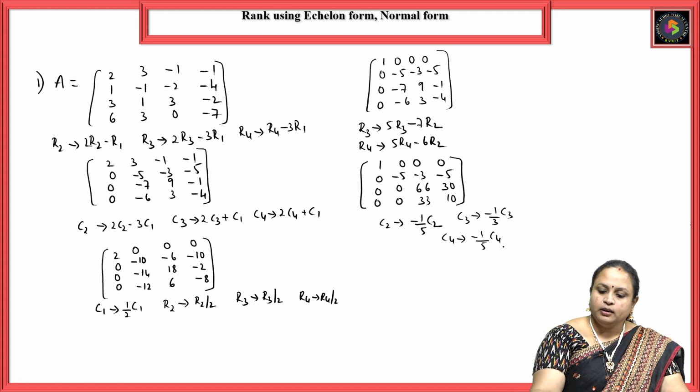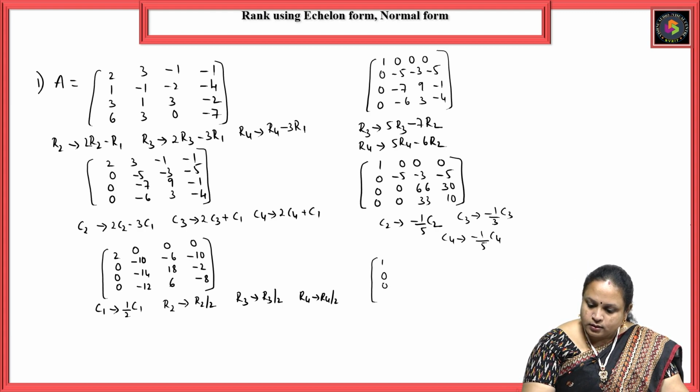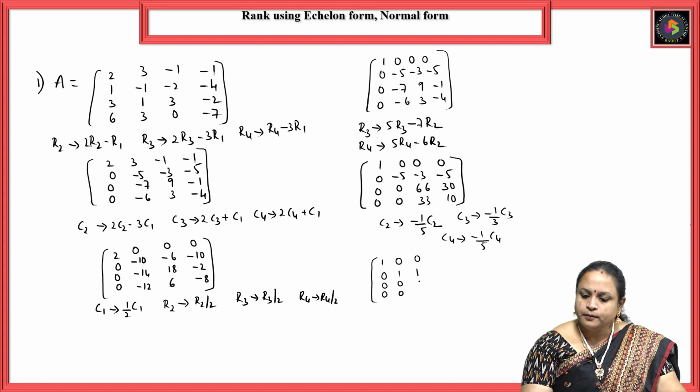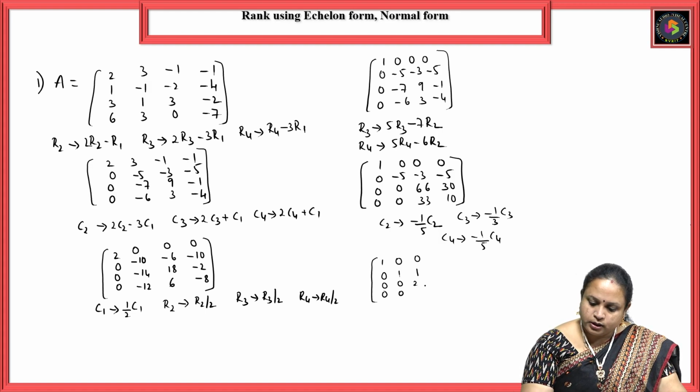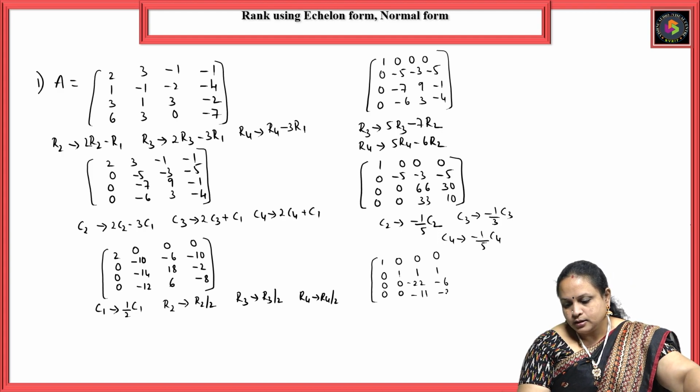So that there are common elements, so let us divide so that the matrix will become simpler. So it is 1 0 0 0, 0 1 0 0, 0 1, yeah, 22, minus 22 and minus 11. Then it is 0 1, minus 6 and minus 2.